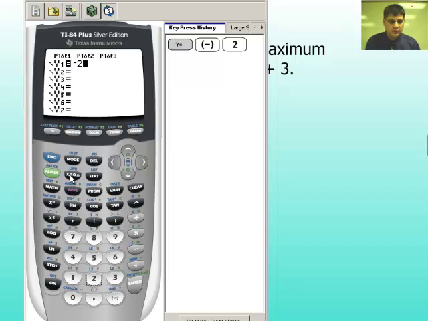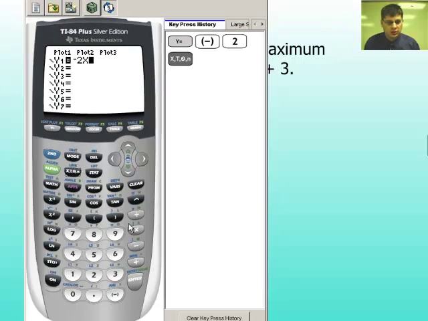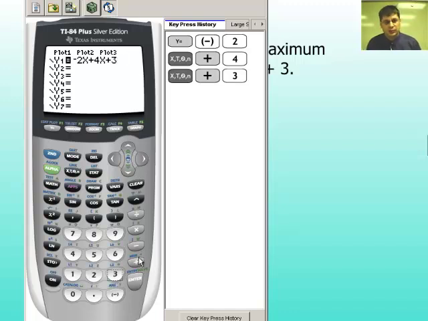So negative 2x, and what was it? Plus 4x plus 3. Okay, so now we will graph it.